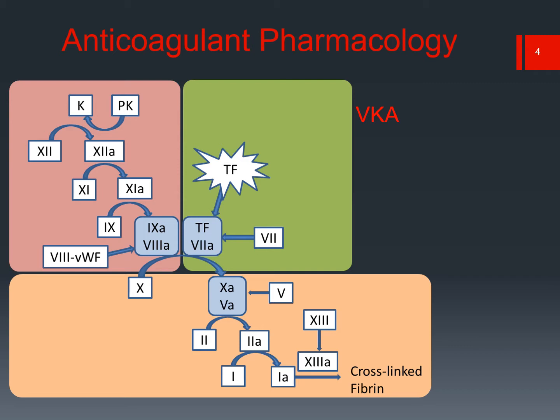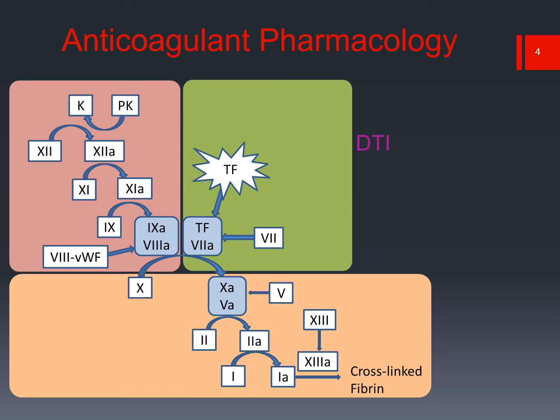That reduced vitamin K is important in the formation of factors 2, 7, 9, 10, and don't forget protein C and S. So our vitamin K antagonist is not blocking the activation of these factors, it is actually blocking the formation of these factors through vitamin K epoxide reductase inhibition. So we have factors 2, 7, 9, 10, protein C and S are all inhibited by the vitamin K antagonist warfarin.